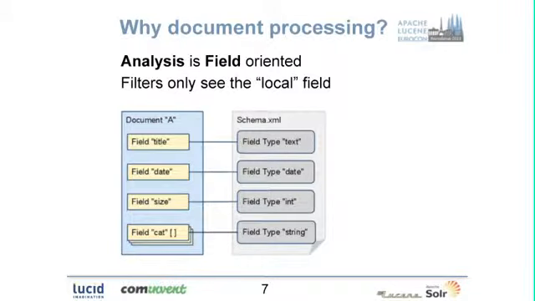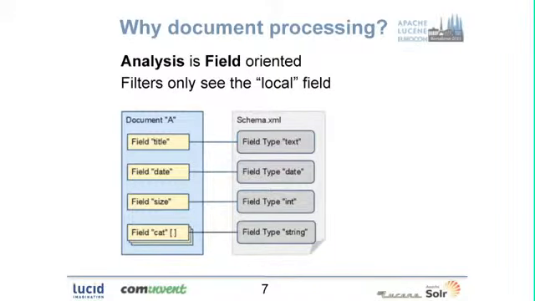So, document processing. Why do we want to do document processing? If you're familiar with Lucene and Solr, we have this analysis. Can't we just use the analysis? But as you might know, analysis is field-oriented, meaning your tokenizers and filters can only see within this local field. So it constrains you a lot.